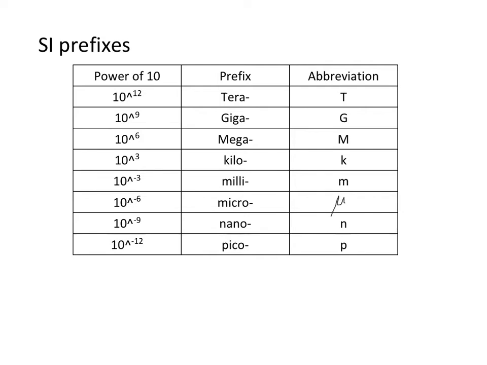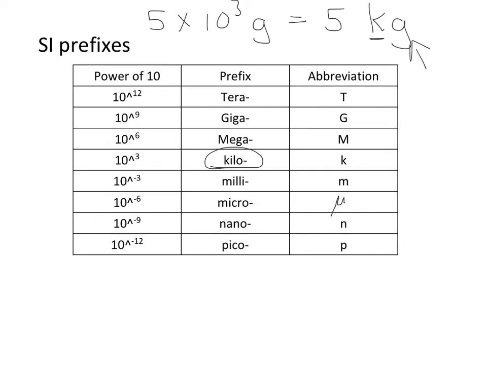For example, if I have 5 times 10 to the 3 grams, I could rewrite that as 5 kilograms, where the k is the prefix, which stands for kilo, which is 10 to the third. So the k is the prefix and the g is the basic unit, which stands for grams. So 5 times 10 to the 3 grams is the same thing as 5 kilograms.